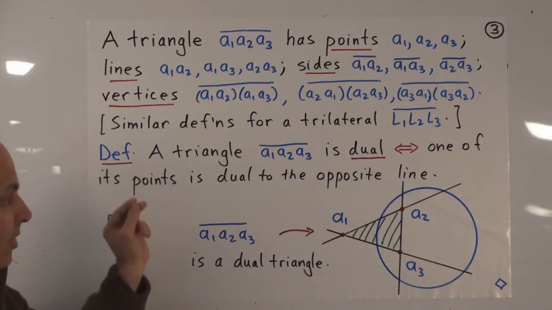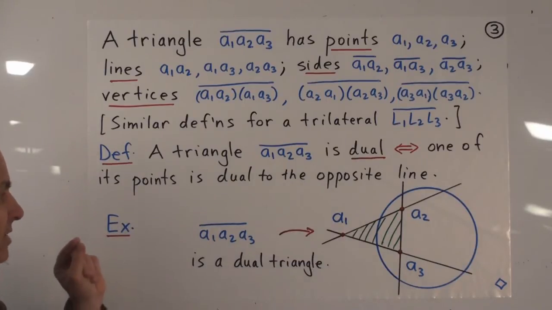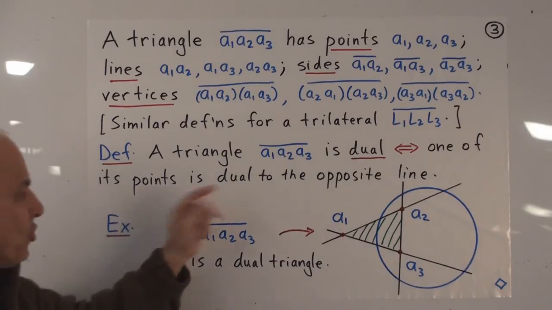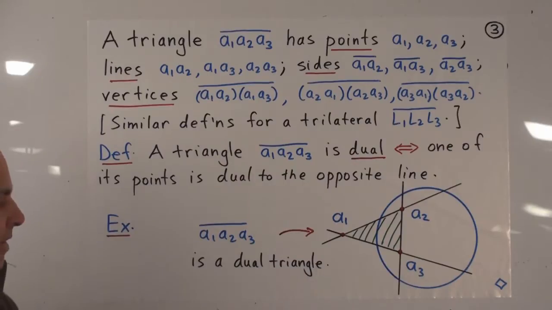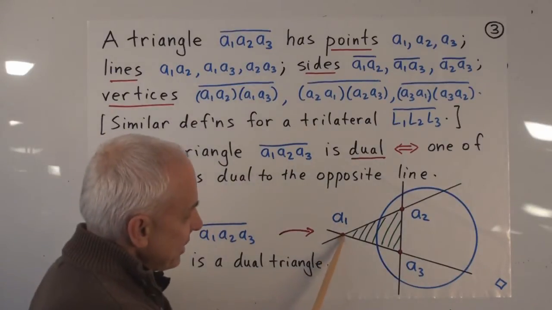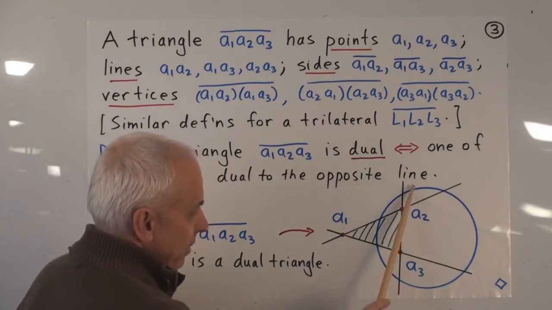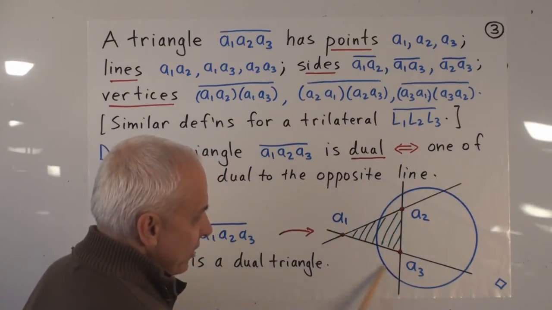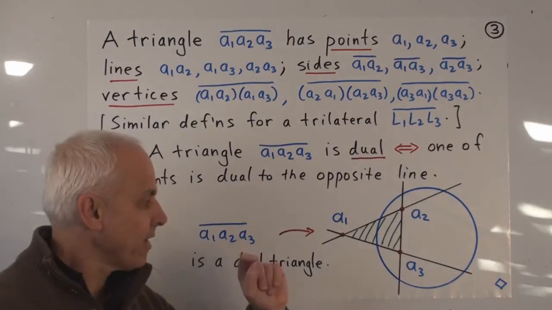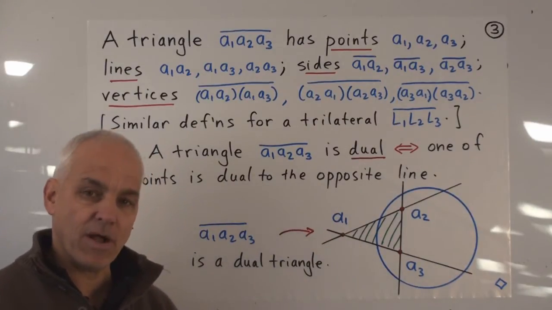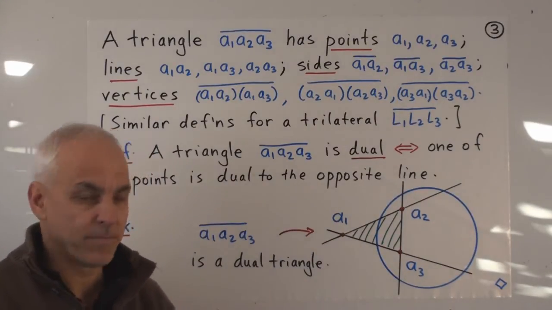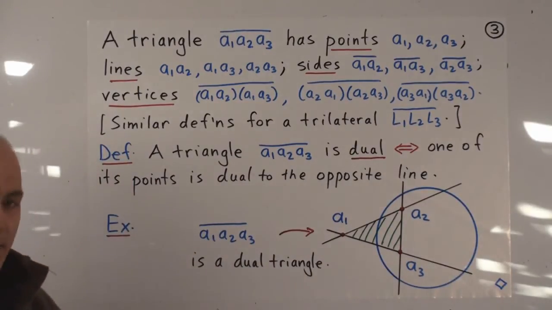Now the triangle is dual precisely when one of its points, at least one of its points, is dual to the opposite line. So in this case here, you see this point here is actually the dual point of this line. You can kind of see that because the tangents meet there. This is a special kind of triangle that we want to give a name to. We'll call it a dual triangle. Most triangles are not dual.